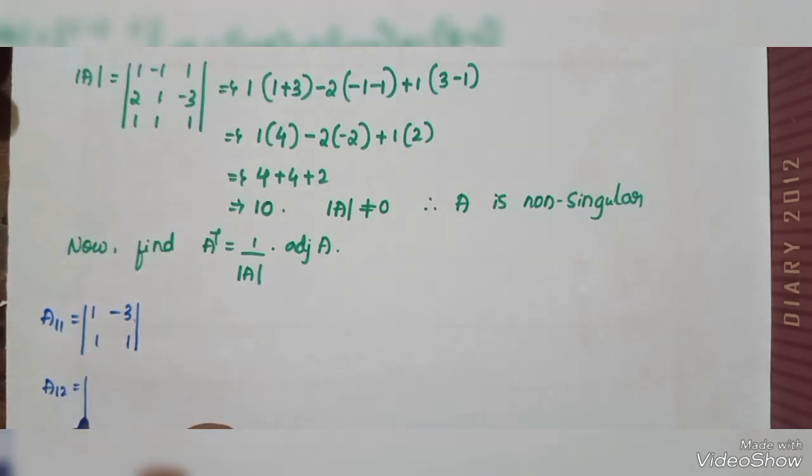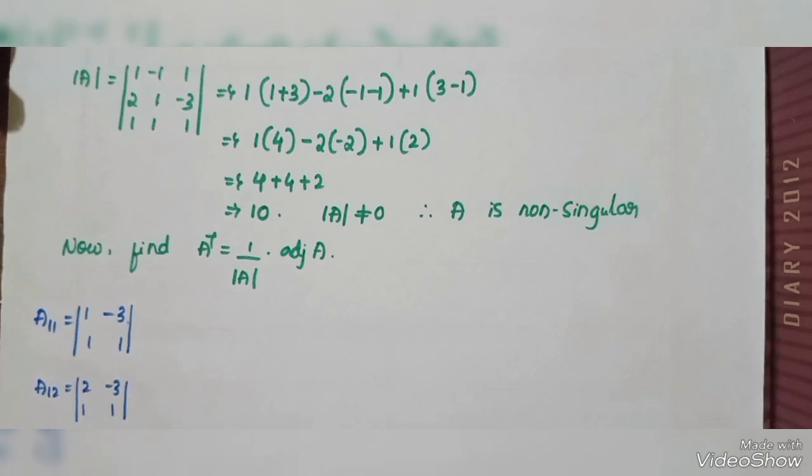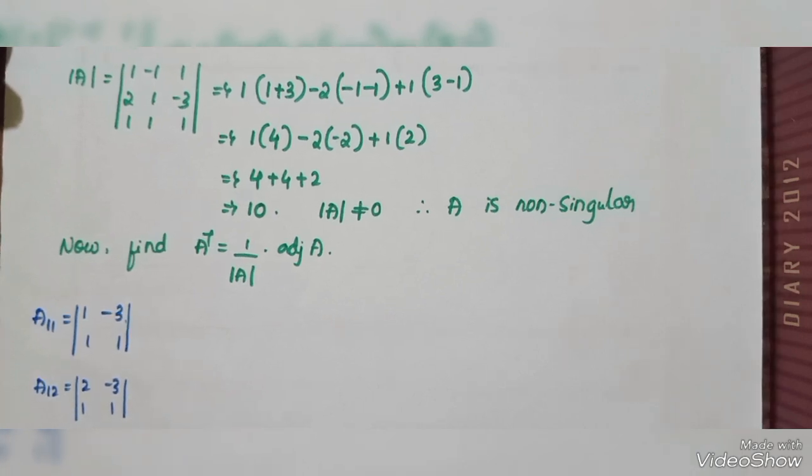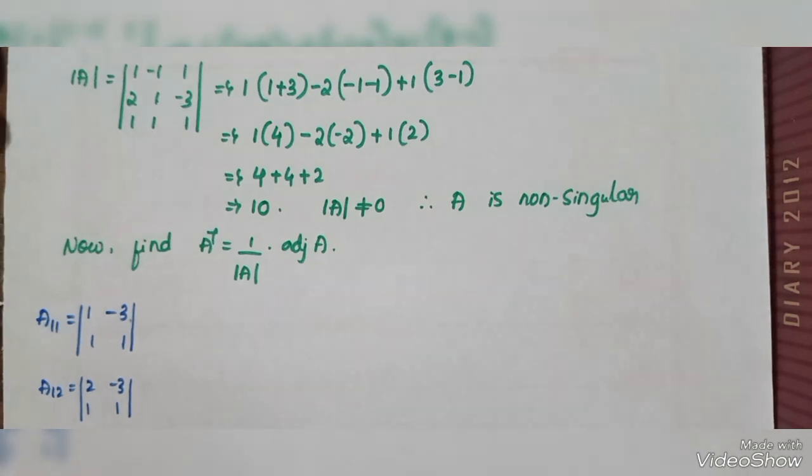A12, that is 2 minus 3, 1, 1. A13, 2, 1, 1, 1. A21, that is minus 1, 1, 1, 1.